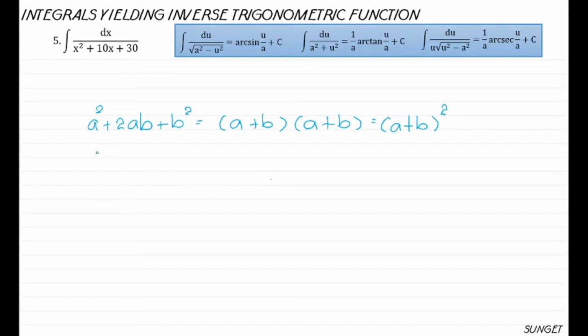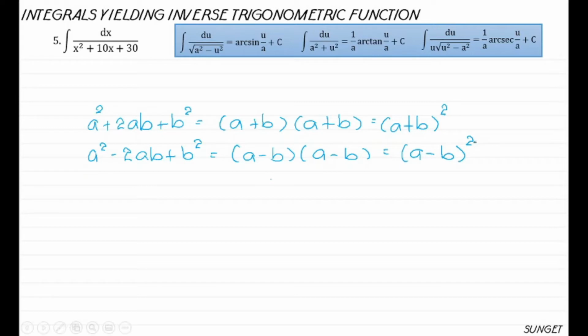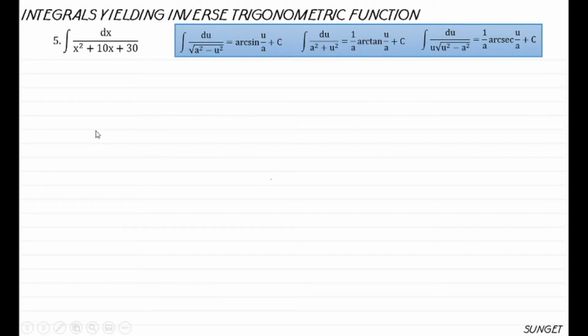The other form is a squared minus 2ab plus b squared, or (a minus b) times (a minus b), equal to (a minus b) squared. To complete a perfect square trinomial, we will use the method of completing the square.